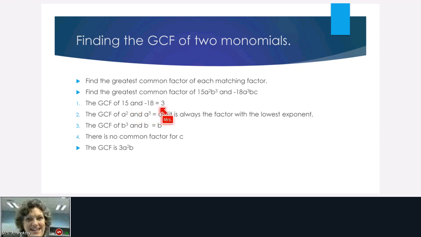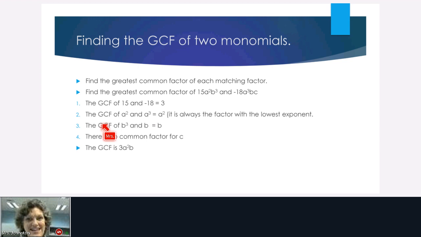Negative 18 has factors of 1, 2, 3, 6, 9, etc. It has a lot. We only have to check for the 5 and 3 because dividing by 1 won't get us anywhere. 15 is obviously not a factor of 18. 5 is not a factor, but 3 is. So 3 is the greatest common factor of 15 and negative 18.